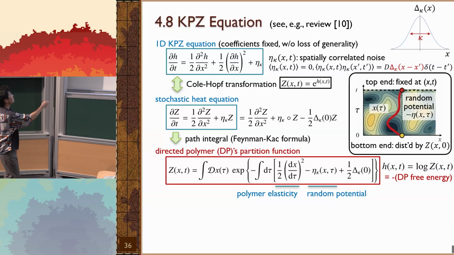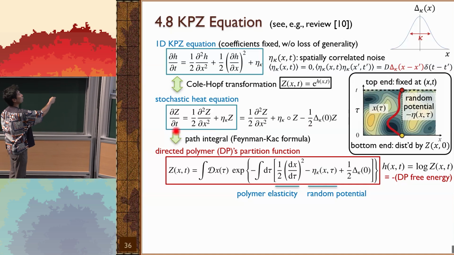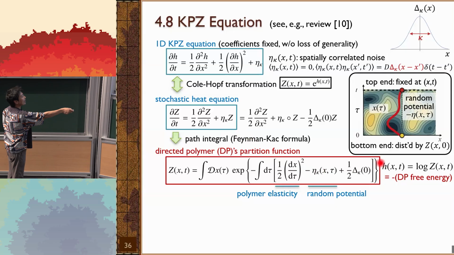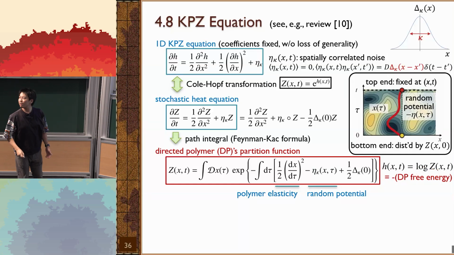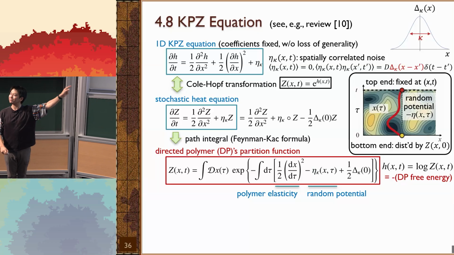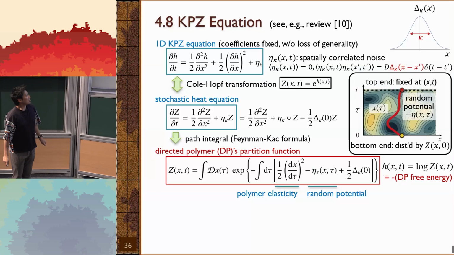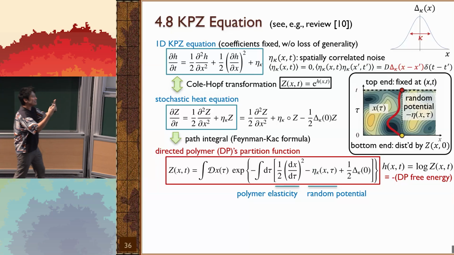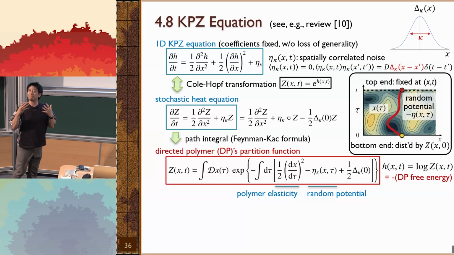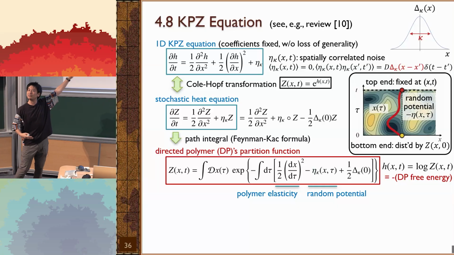That's nothing but the Z that we wanted to evaluate. Recall that our height function h is defined by log Z. If Z is a partition function, log Z is a free energy, well, minus free energy. So what we wanted to characterize is nothing but the fluctuations of the free energy of this directed polymer.